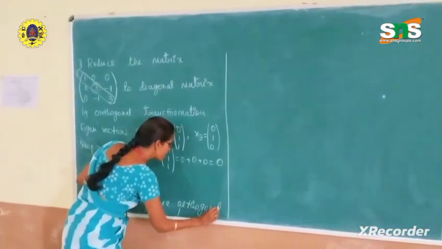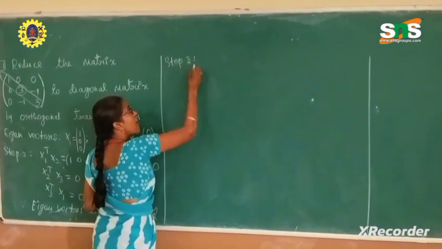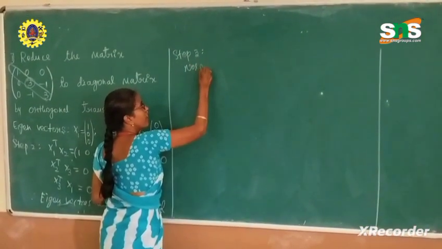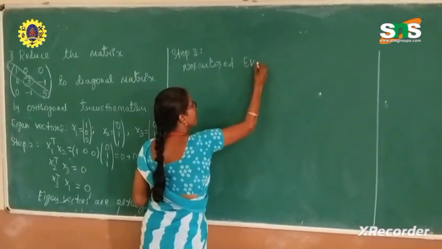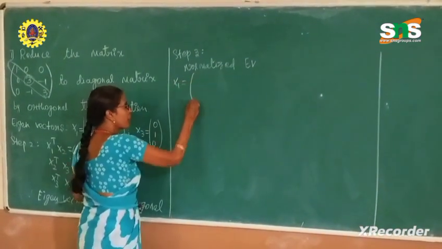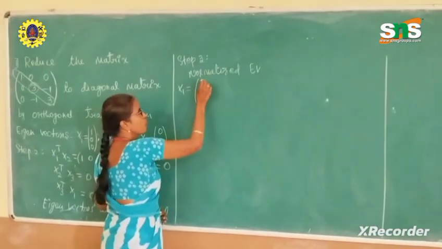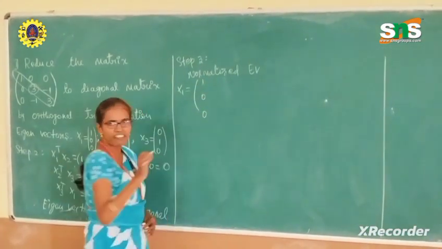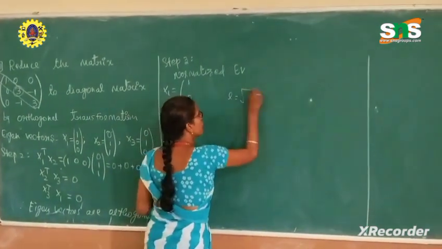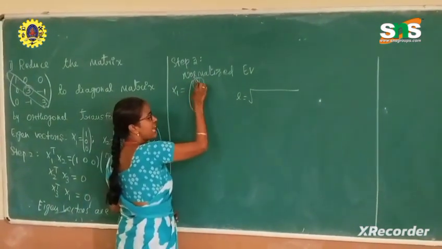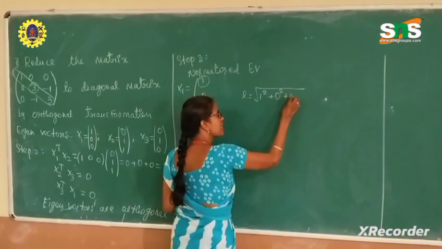Step number 3 is to find the normalized eigenvector, which has a formula. For x1, which is 1 0 0, we find L, which is the square root of the sum of the squares of the elements: 1 square, 0 square, and 0 square.